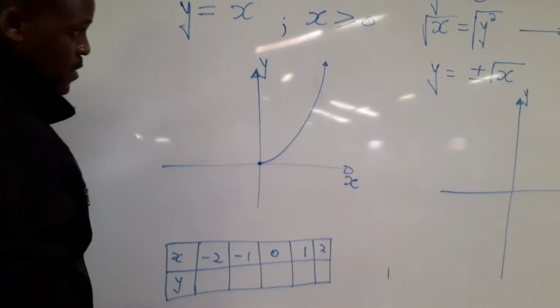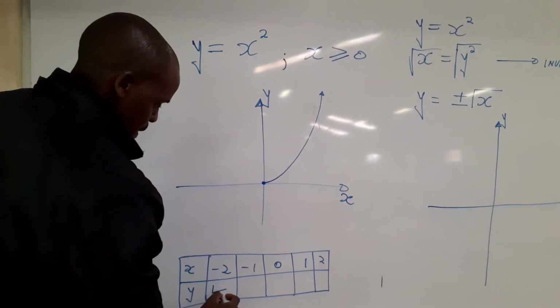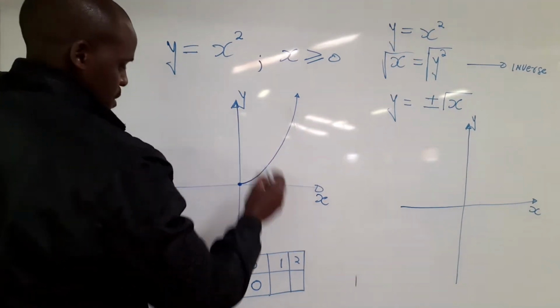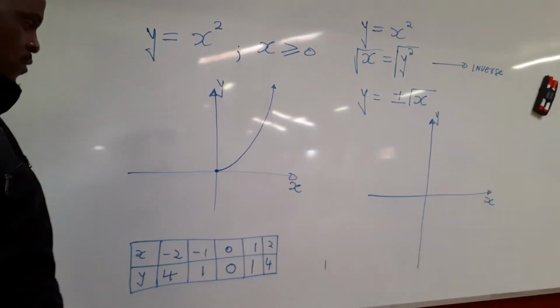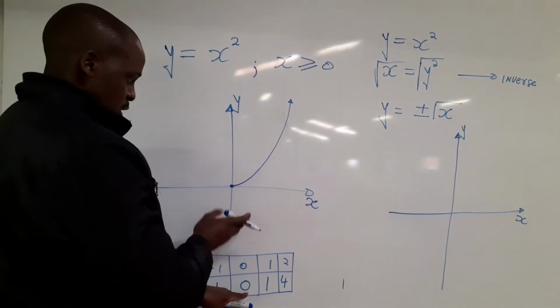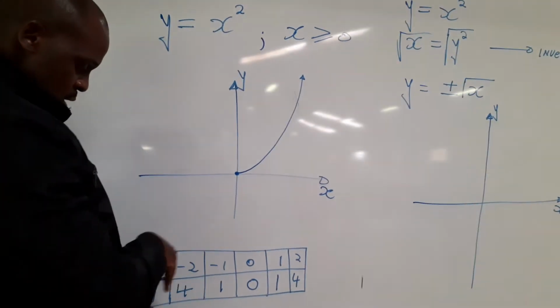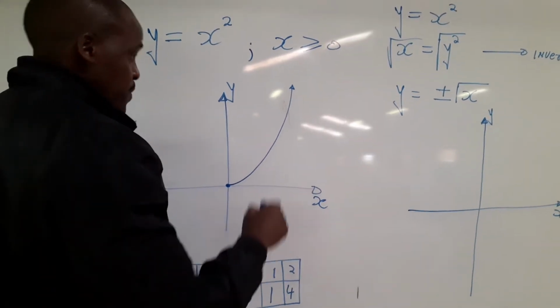Right. When we put -2, this will be 4. It's 4, 1, 0, 1, and 4. Which means we've got 0 is to 0. We only use the values of x that are positive. We do not use those that are negative.